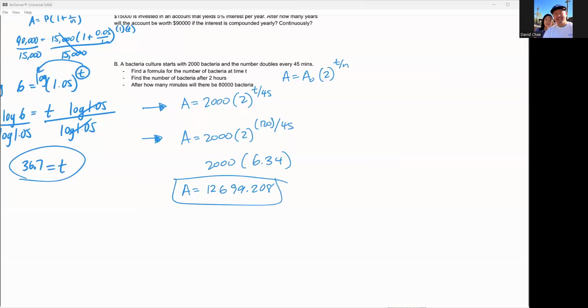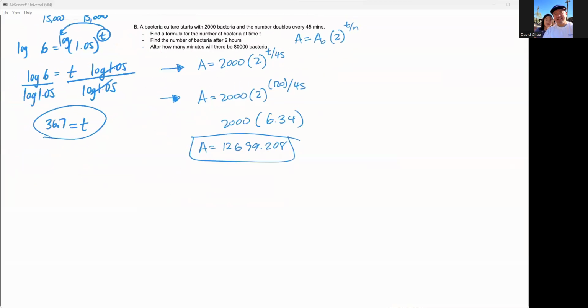Now we're going into a log equation, where it's after how many minutes will it be 80,000. So you're using this formula again, but you're kind of using log. Log is, remember, the inverse of exponentials. So it's 80,000 equals 2,000 times 2 to the t over 45 power.